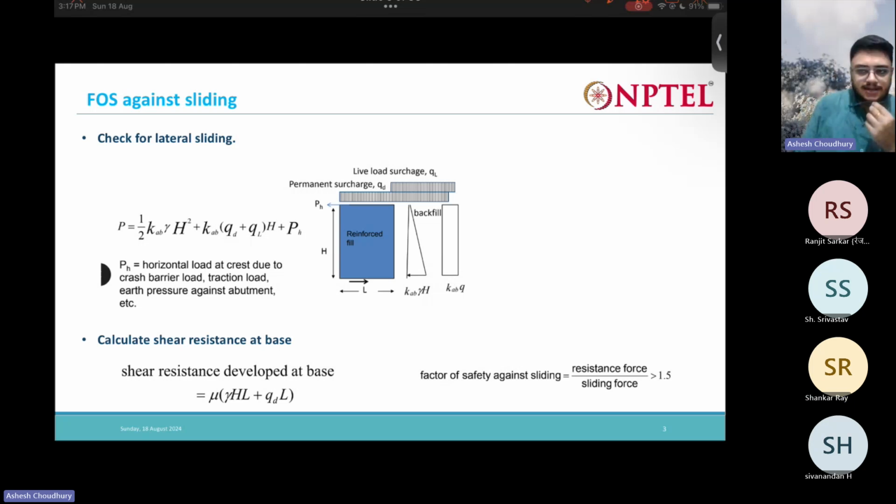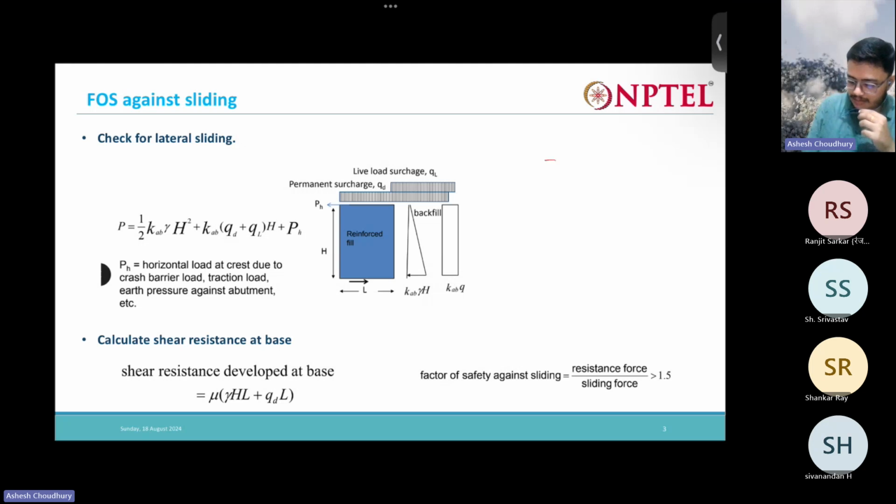So as you said, there are these main three types. First is sliding, then overturning, then the bearing capacity, right? So for sliding, we have a wall, and we have the earth pressure acting like this.